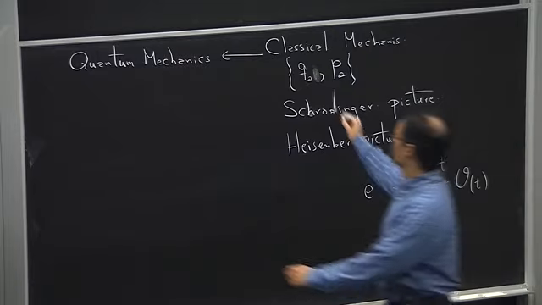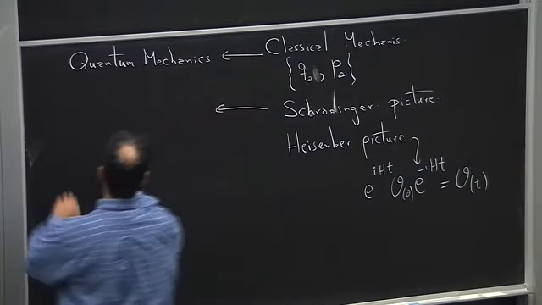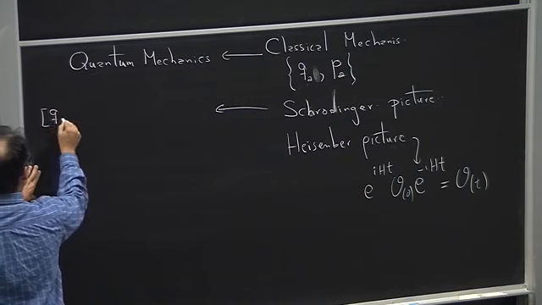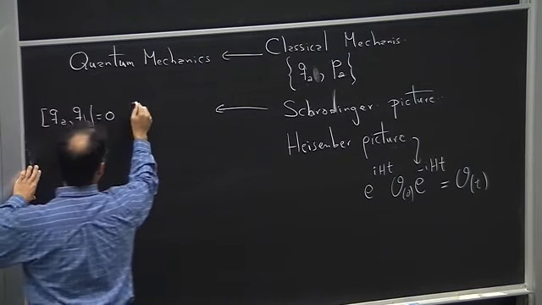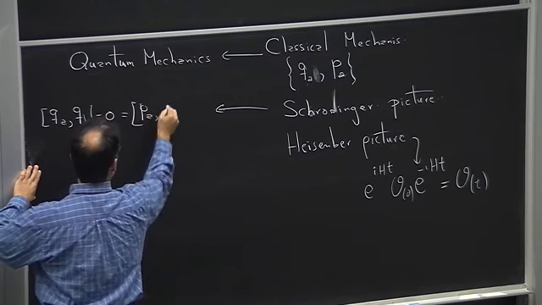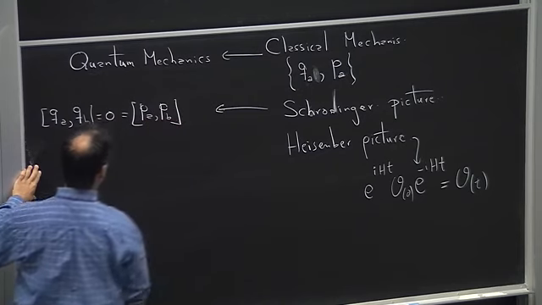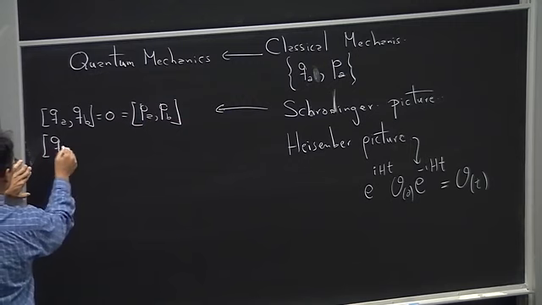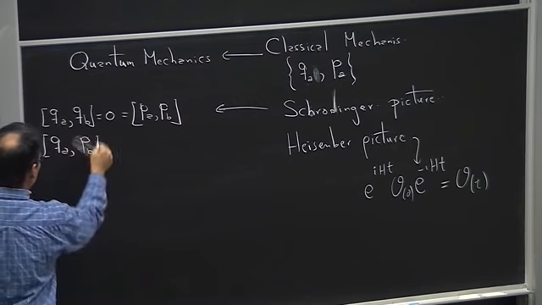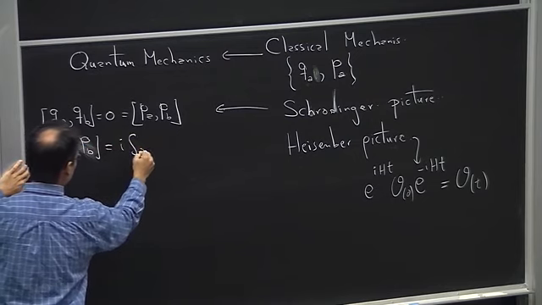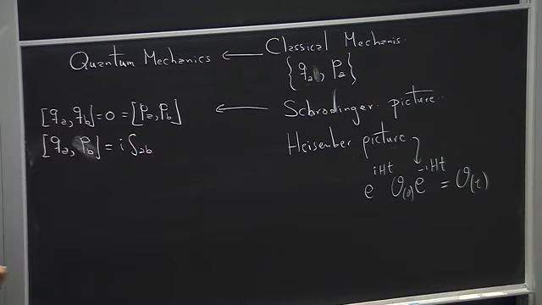Okay? So in the Schrödinger picture, we usually think about imposing canonical commutation relations of this form. Okay? And yes.